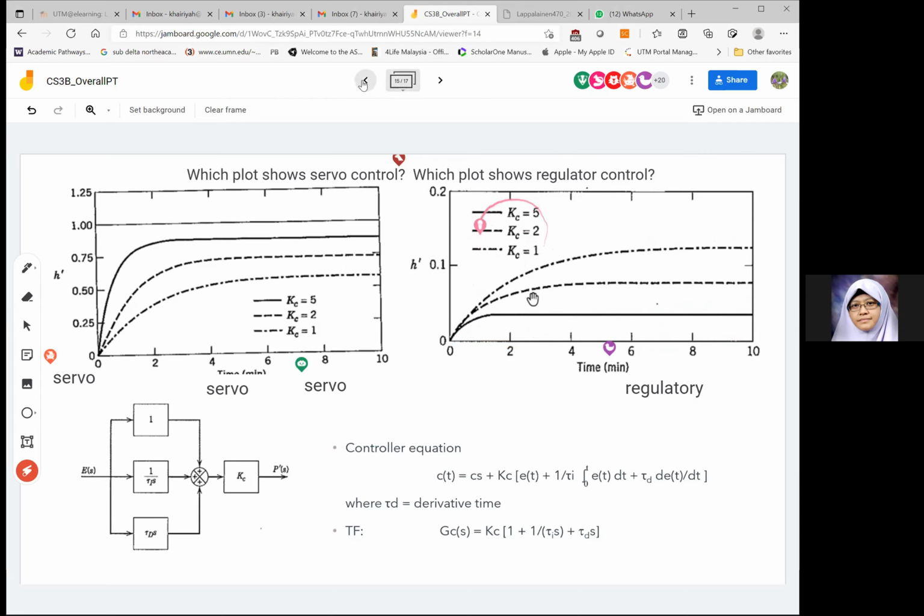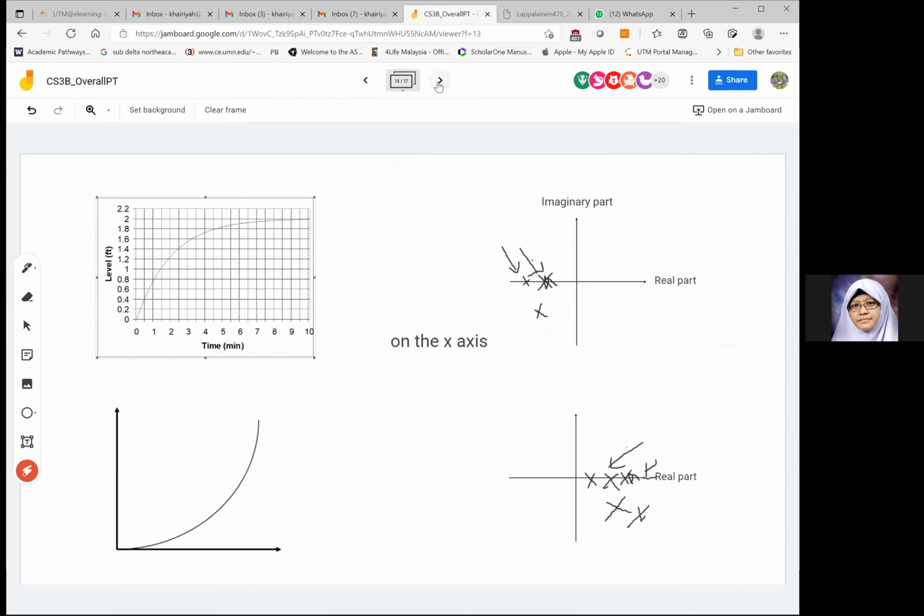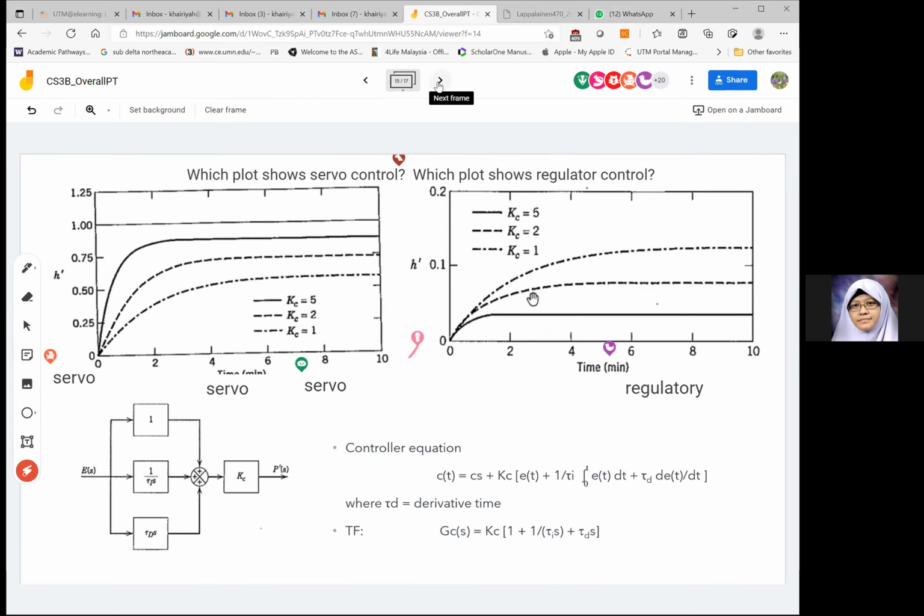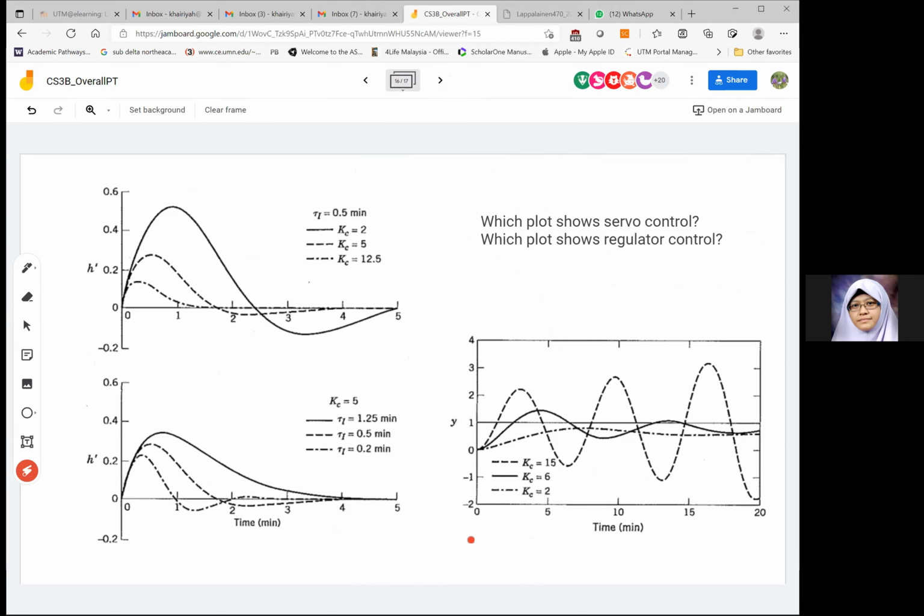By the way, you do know how to use the final value theorem. Okay, which one is servo? Which one is regulatory control?